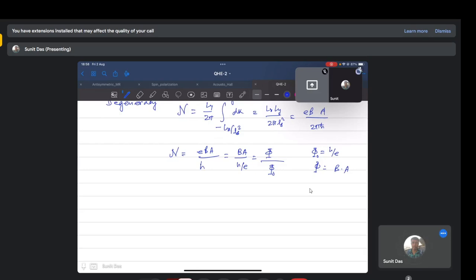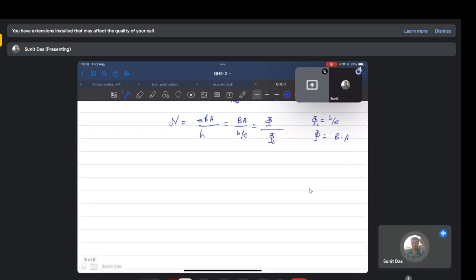So at a particular Landau level, let me draw the Landau levels. Let's say this is the energy versus k. Our Landau levels are exactly flat, right? So this is, let's say, n equal to 0, n equal to 1, and so on.